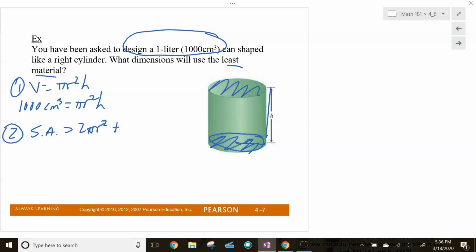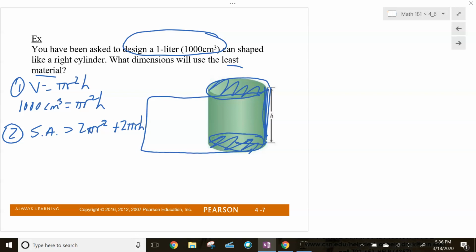And you've also got this part. Imagine if I cut this and unraveled it, the length would be the circumference, times the height, like a rectangle. That's the surface area of that portion, not including the top and bottom. The circumference is 2 pi r, times the height, so 2 pi r h. That's the surface area for a cylinder, and that's what we're trying to minimize.